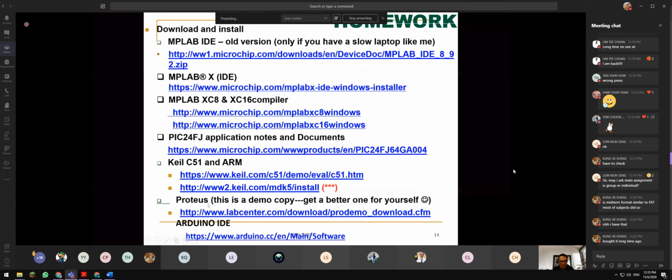Okay, then we are using Proteus. Why are we using Proteus? Proteus is a simulation software, because you are no longer asked to construct the hardware. So that's why we are using Proteus to do all the simulation. However, the Proteus that you download from this website is just a demo copy.